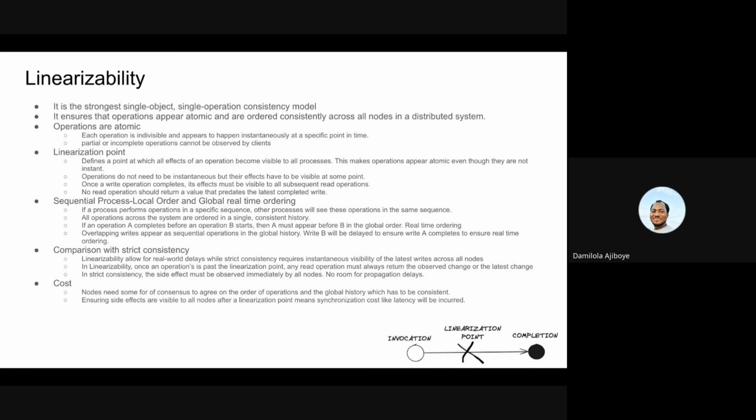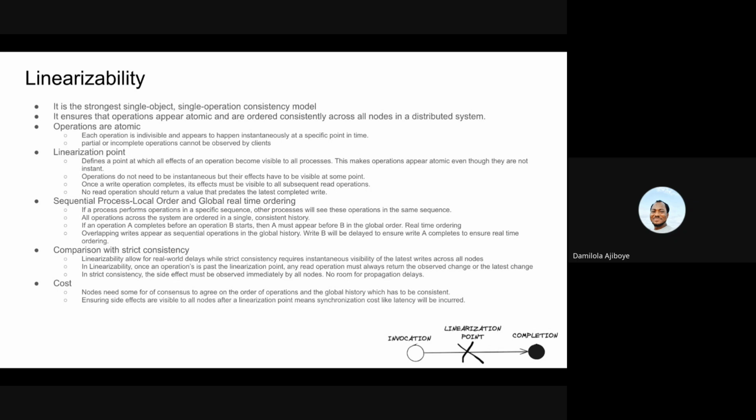Yeah, I think we can look at the comparison with strict consistency here, because that was confusing to me as well. How are they different? The major difference, like we said, is that strict consistency expects the propagation or synchronization across all nodes to be instant. But linearizability is practical.